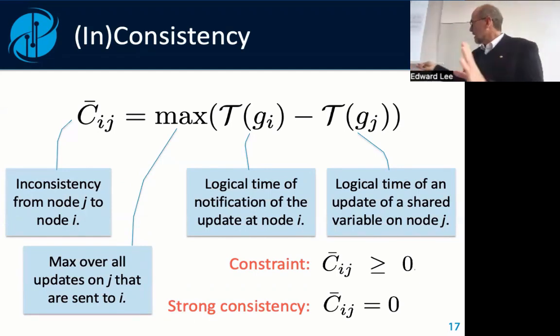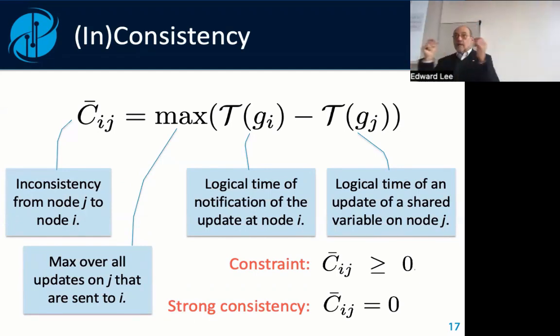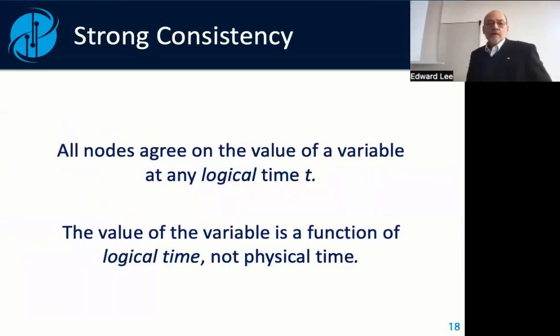And if you require strong consistency, they agree on the value of the shared variable at exactly the same logical time, but you can relax that and allow one of them to lag behind. So strong consistency is where all nodes agree on the value of a variable at a logical time. And in this case, the value of a variable is simply a function of logical time, not a function of physical time. So the bank balance now becomes a function of logical time, not a function of physical time.